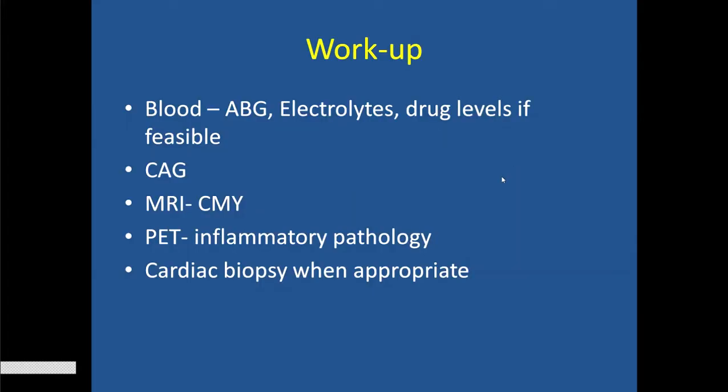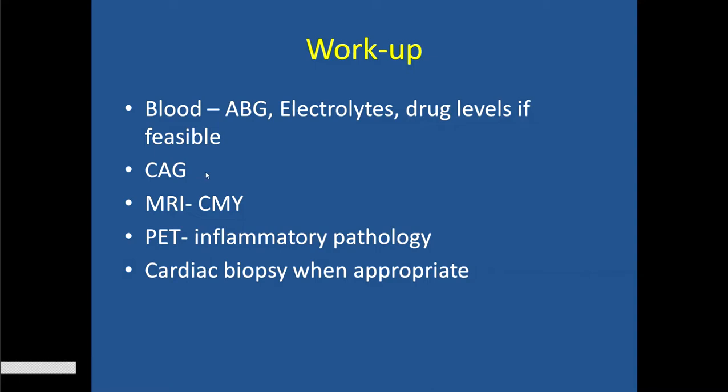So good. There are some criteria to differentiate VT versus pre-excited SVT, and you can look them up later. So suppose you get a patient like this in the ER, what do we do? We of course see whether the patient is hemodynamically stable. If stable, then we do an ECG if we have time, then we do the blood gases to make sure it's not a metabolic cause that is causing the broad complex tachycardia, and electrolytes are checked, and drug levels, if the patient is on digoxin or other drugs, because digoxin can cause afterdepolarizations and VTs.